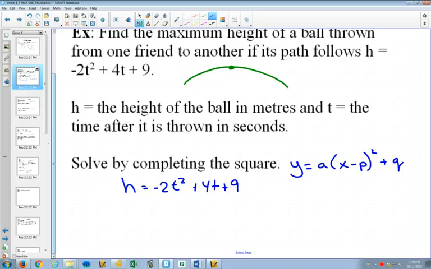So how do we complete the square? We factor that negative 2 out of the first 2, leaving us with t squared minus 2t. Keep the plus 9 outside. So we're changing it to standard form.